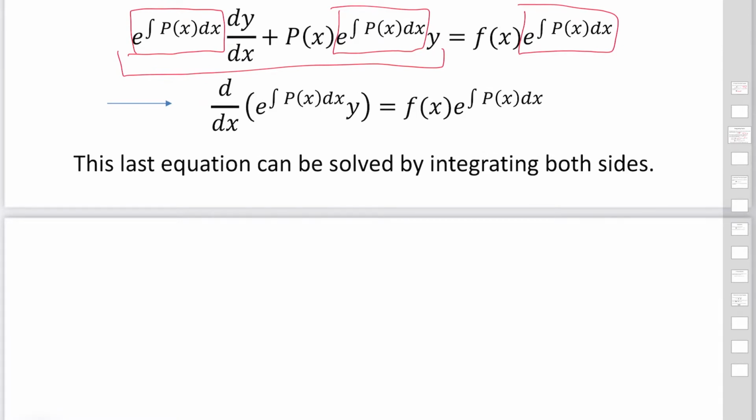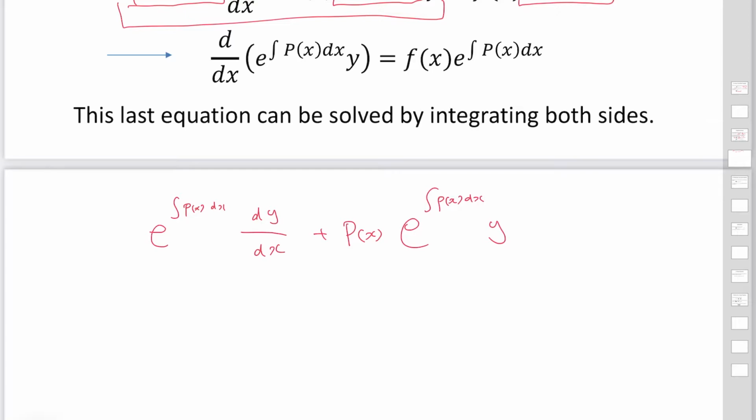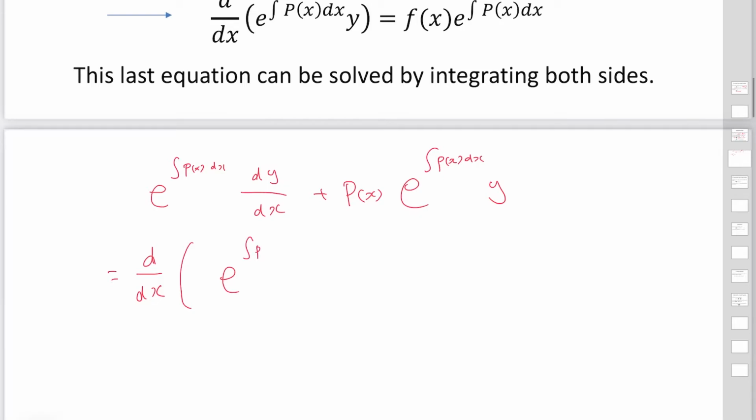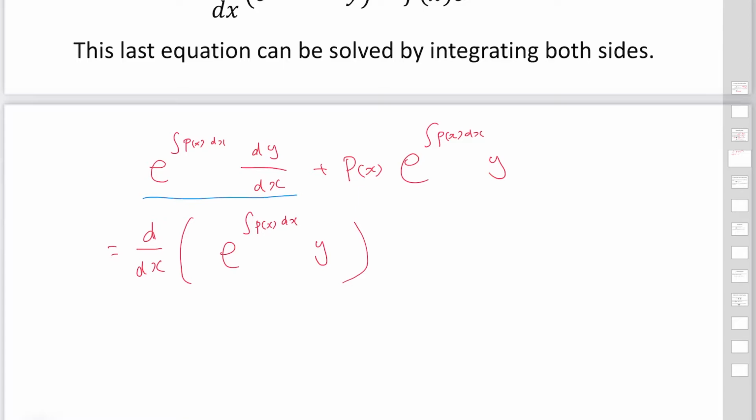I'd like to show you that these two terms, e to the integral of p dx times dy/dx plus p times e to the integral of p dx times y, can be combined into a single term equal to d/dx of e to the integral of p dx times y. The first one is a derivative of y, not a derivative of the exponential function.